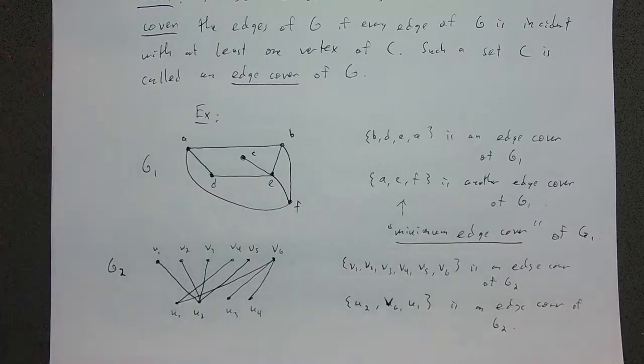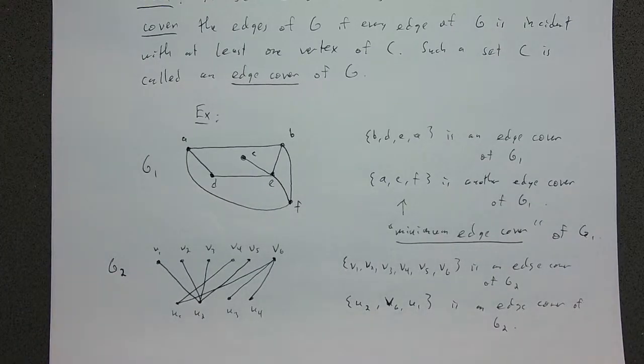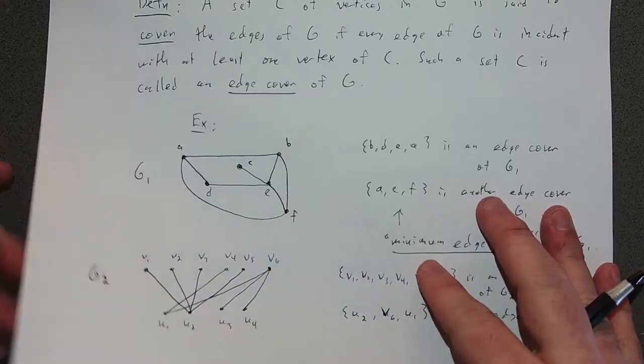The question is, can you find a smaller one here? Is it possible to find a smaller one, or is this as small as it gets? So, this is a build up to the following.